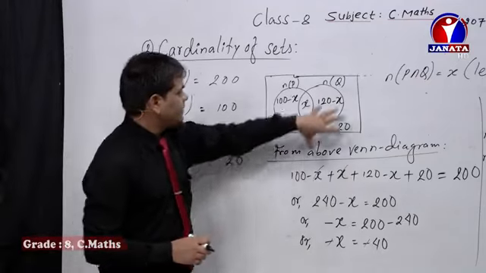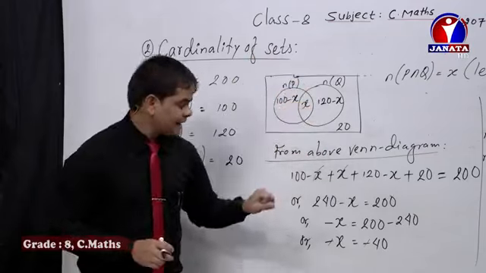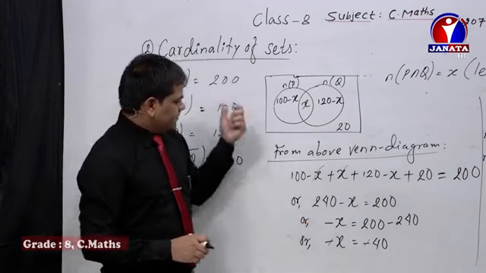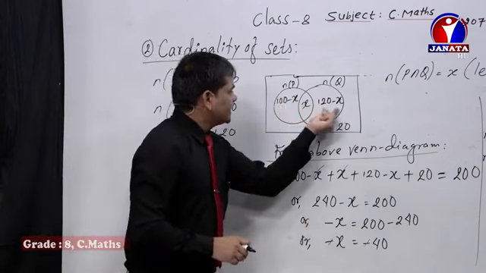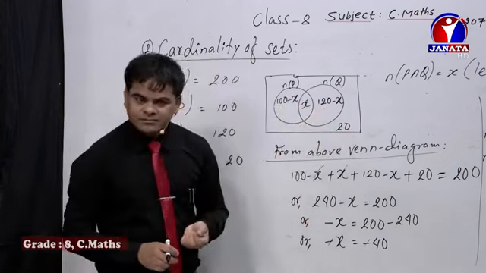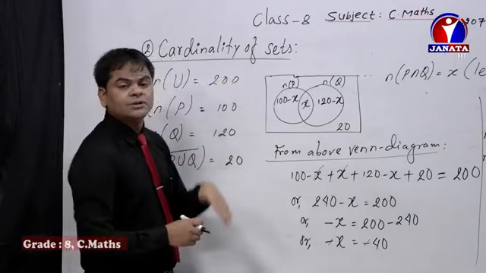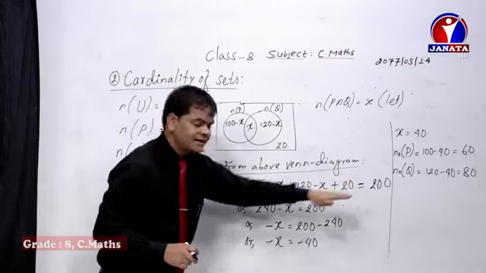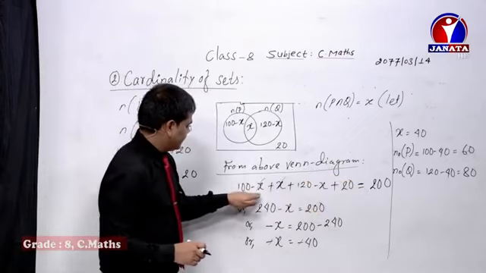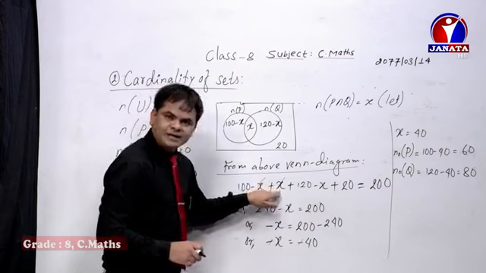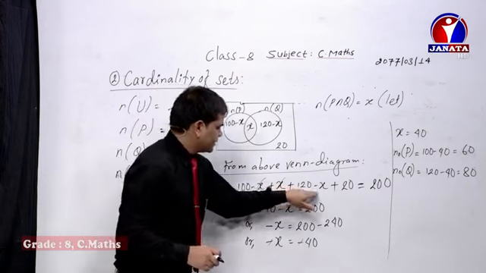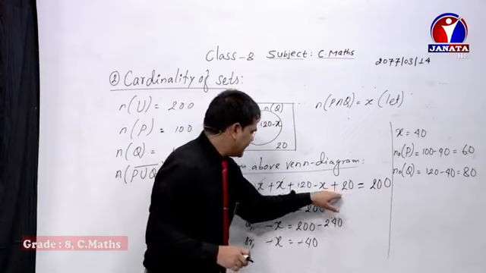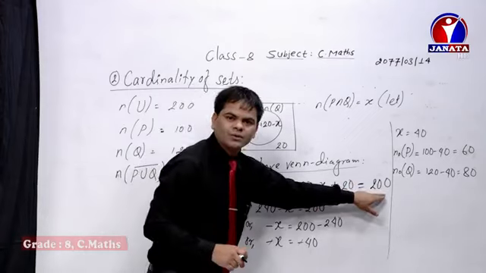And then after keeping the whole information in the Venn diagram, we just write a sentence from the Venn diagram. Adding all together the values contained in the rectangle, it must be equal to the universal set. So the universal set is given as 200. So P only, P intersection Q, Q only, and (P union Q) complement, by adding all together, it must equal 200.